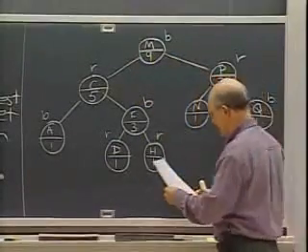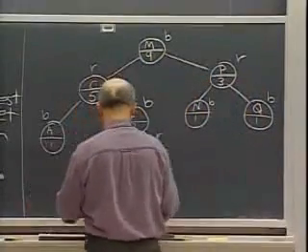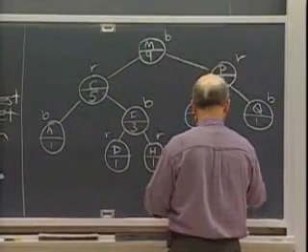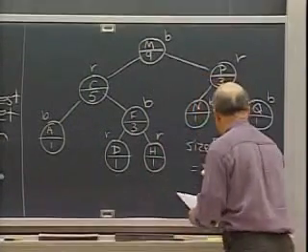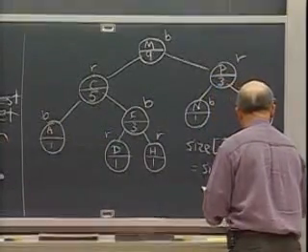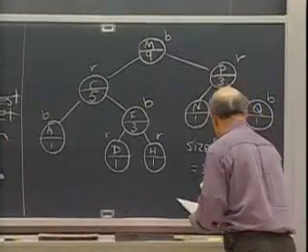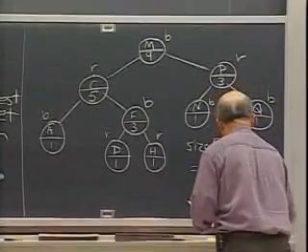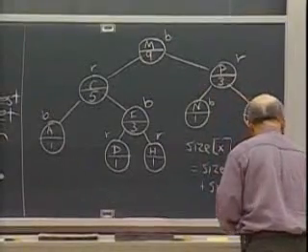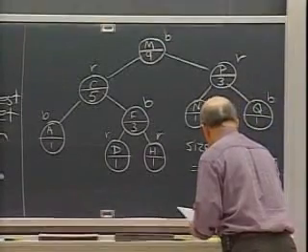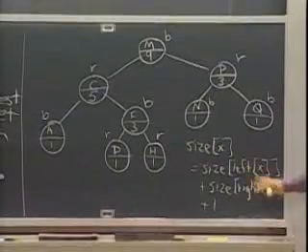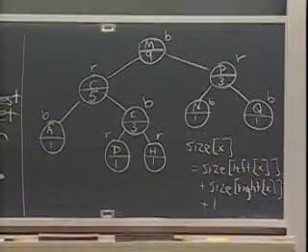So in general, size of x is equal to the size of left of x plus the size of the right child of x plus 1. That's how I compute it recursively. Very simple formula for what the size is.